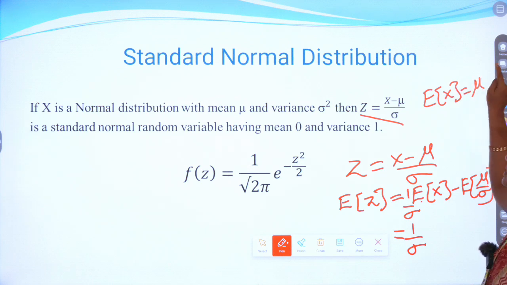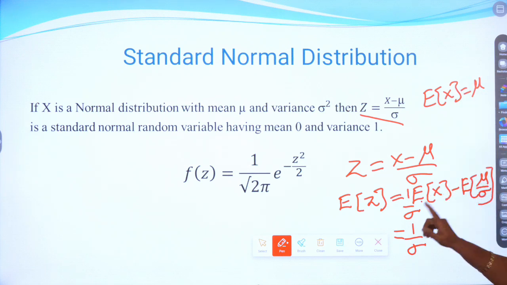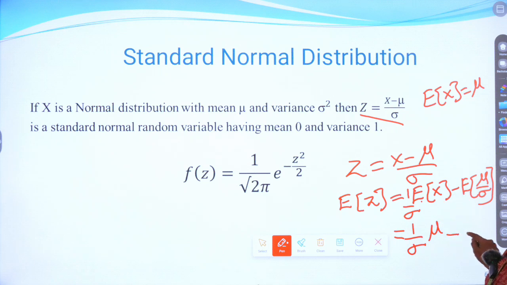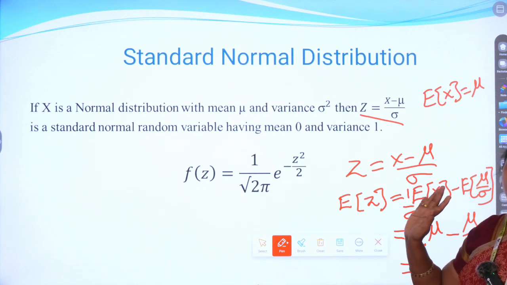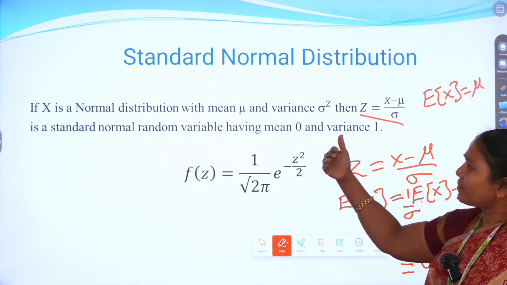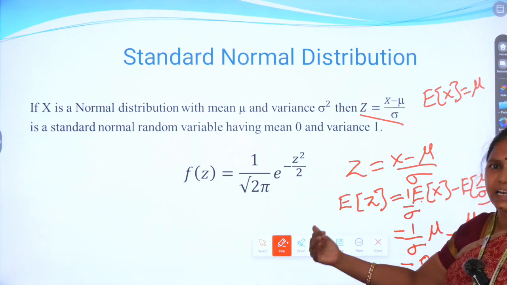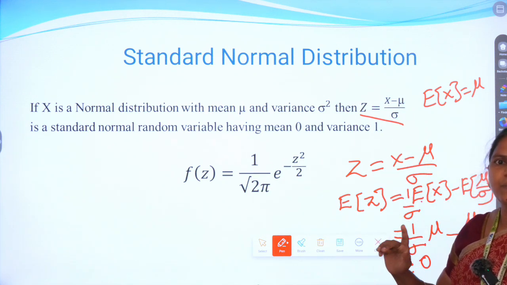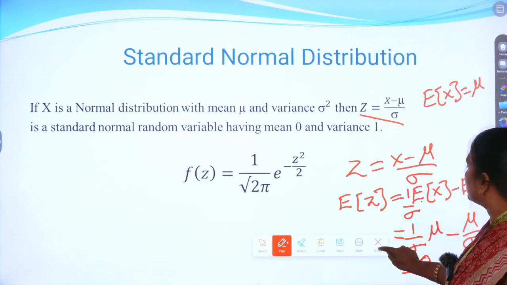The expectation of x is nothing but the mean, so instead of expectation of x, we substitute mu. So mu by sigma minus mu by sigma, the expectation becomes 0. So we are transforming the normal distribution into standard normal distribution by taking z is equal to x minus mu by sigma.